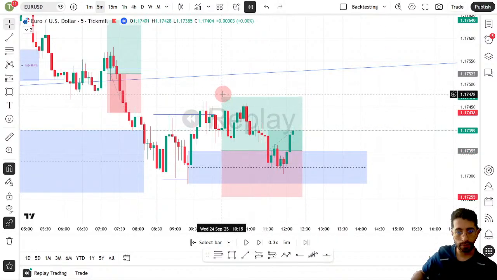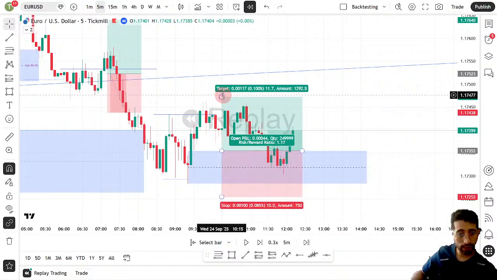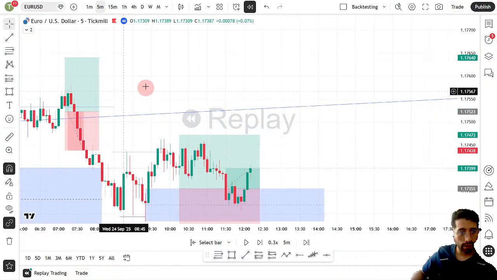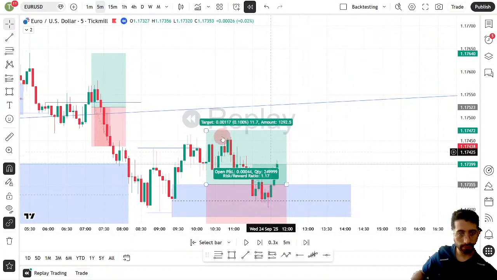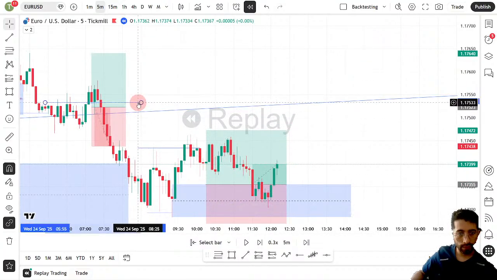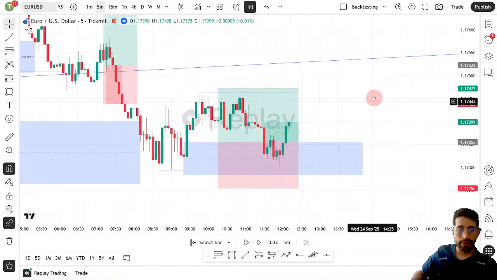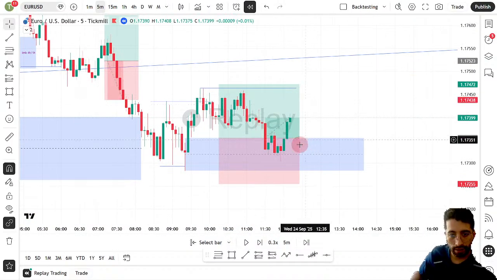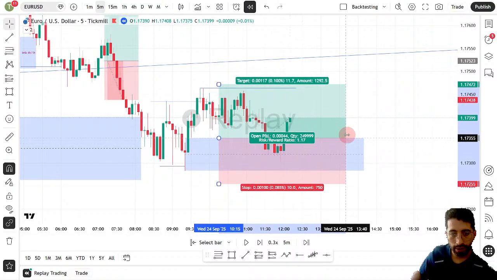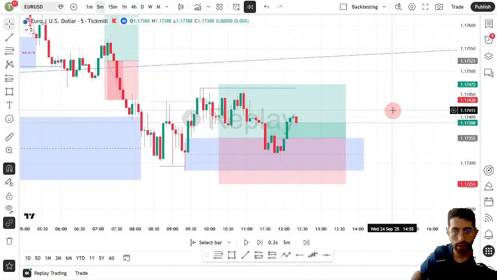Now, again, when do we put it on break even? It will be right here. When the price does this, break even right here. No, well, it needs to break this with the body of the candle. And after the body of the candle confirmation, we can put a break even, so that we can protect our order.